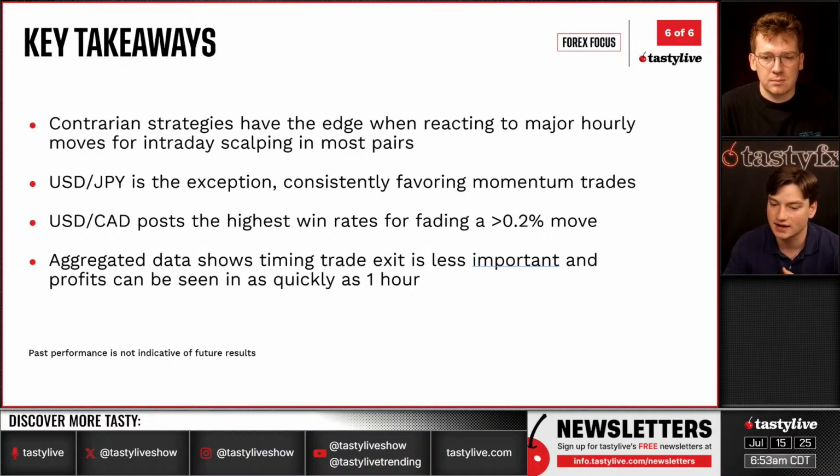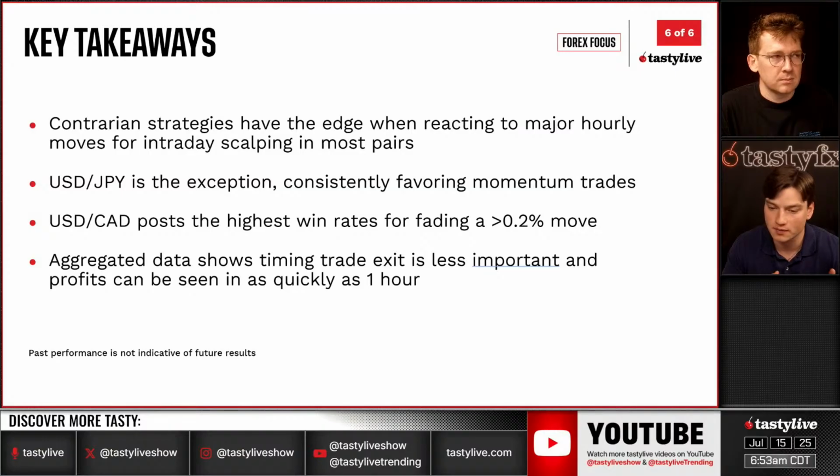USD CAD, Canadian dollar, posts the highest win rates for fading a move of greater than 0.2%, and it shows that timing the trade is less important, but importantly, that holding on to trades from 4 hours to 8 hours doesn't give you any extra edge using this data. That'll do it for our study today.